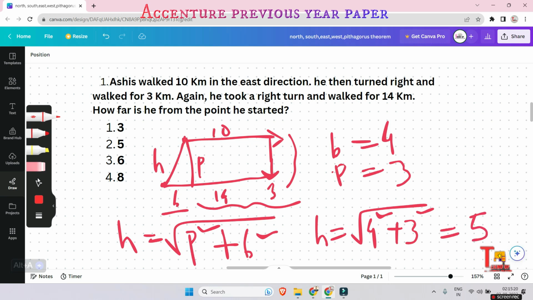So the answer will be 5. In this way, if you are asked to determine the distance between a starting point and the end point, then you have to apply the Pythagoras rule, the formula H is equal to root over p square plus b square. Okay, let's go to the next problem.